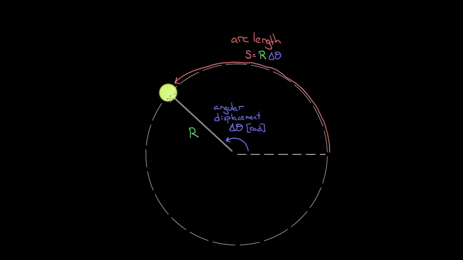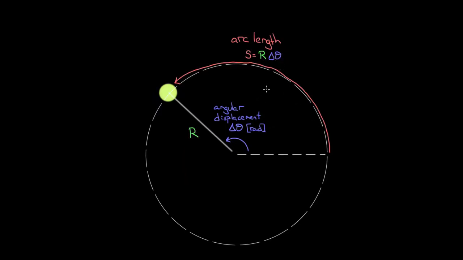If that seems miraculous, it really isn't. I mean, the reason why this works so well is because this is how the radian was defined. 1 radian is defined to be the angle through which you have to travel, so that the arc length is equal to the radius of that circle. So this isn't a surprise.